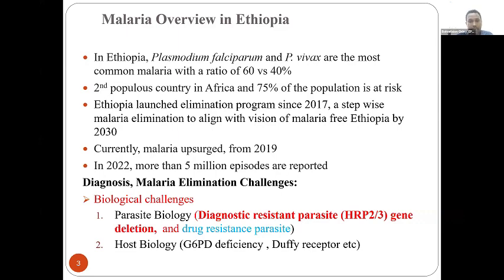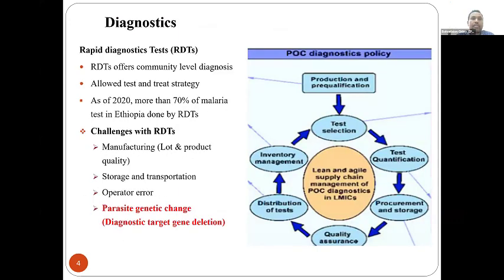And we also have some challenges in diagnostics, especially drug resistance and resistance to the HRP2-targeting gene RDTs. The rapid diagnostic test offers community-based diagnosis and allows the test and treat strategy in the country.